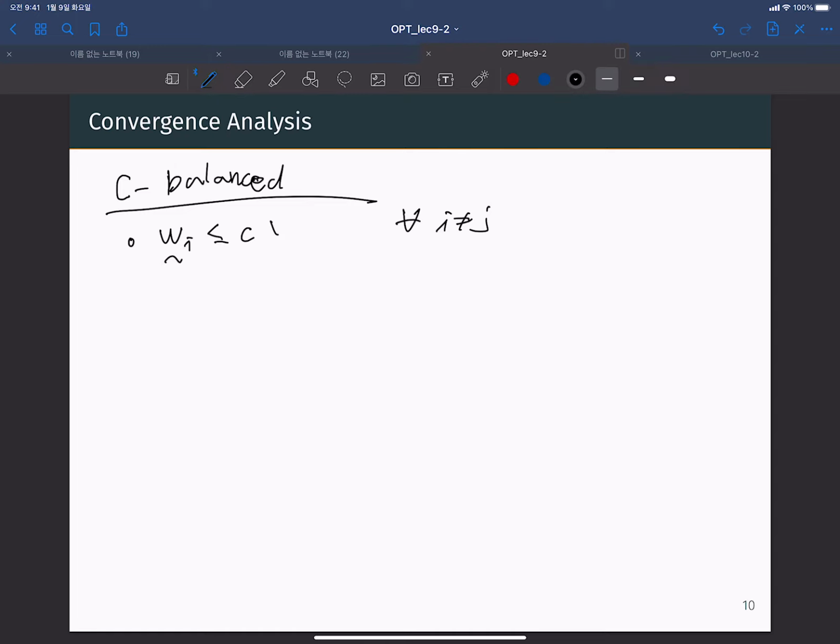Sorry, this is Wj. So when you pick any parameter, it cannot be bigger than some constant times another parameter, which means your parameters are very well balanced. Okay, and this also means your parameters do not have value 0.